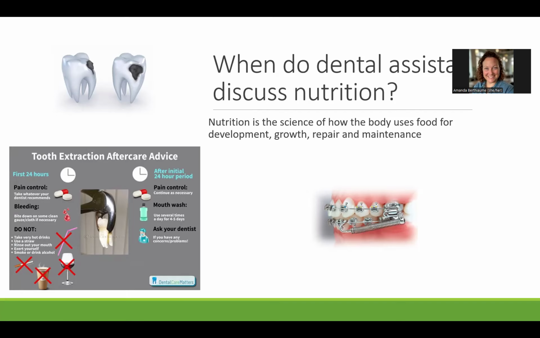If we're not consuming the right nutrients because of the things that we are going through dentally, our teeth aren't going to be as strong, our healing won't be as quick, and there'll be more issues that will trigger, right? So it's like a cycle. You have tooth or gum disease because of the nutrition, and then you have it treated and you have nutritional issues.